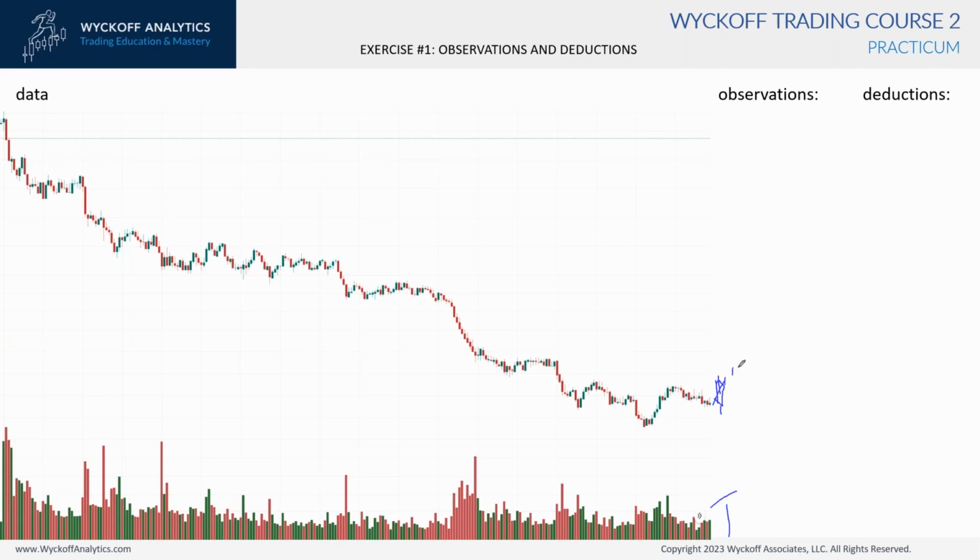Then maybe later on we might have another opportunity to enter somewhere here. So this is entry number 1, entry number 2, and then our trading range forms like this. And maybe this is our phase C, this is our phase A, this is our phase B, and then D.